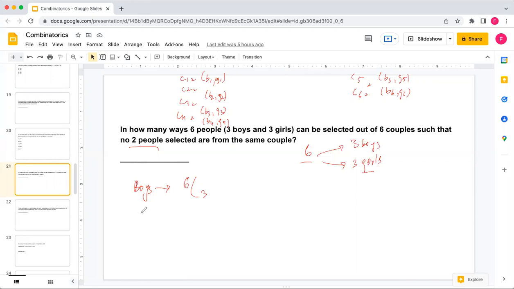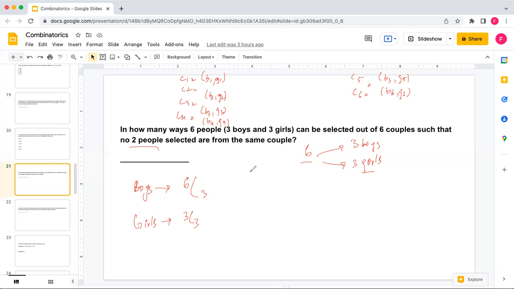Now, if I want to pick the girls, in how many ways can I pick? Now I can pick only from 3, because I already picked from 3 couples. Now for the 3 girls, I need to pick from the remaining 3 couples.